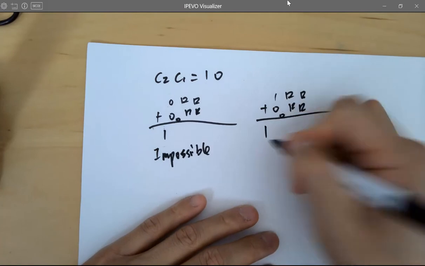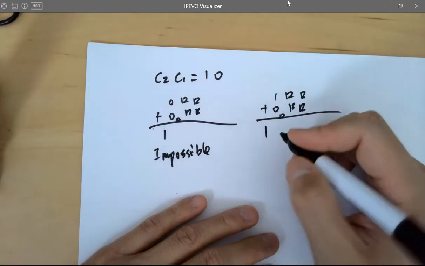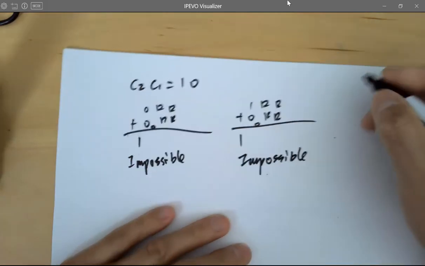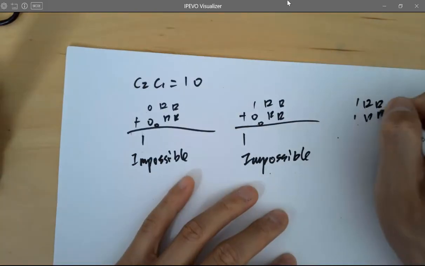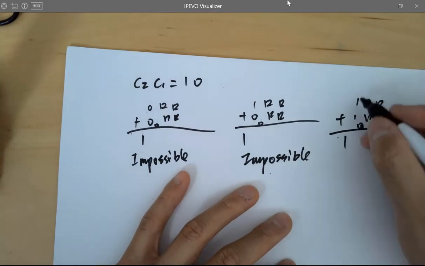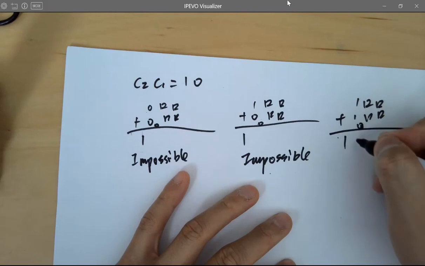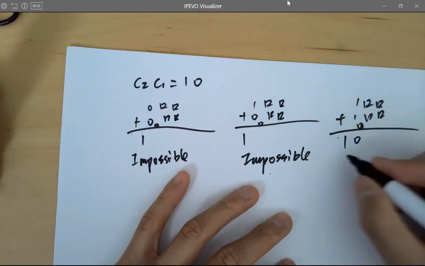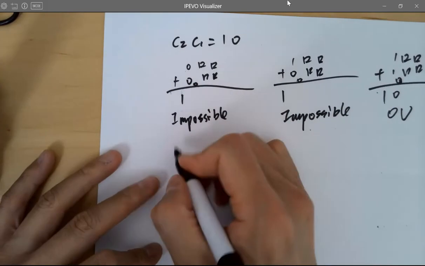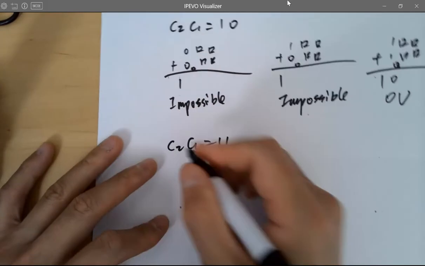It's a 0, 1, which is impossible as well. And then I got 1, 1, and it's 0, 1, which is possible because 1, 1, 0 is getting a 1, so 0 here, so overflow happens, right?